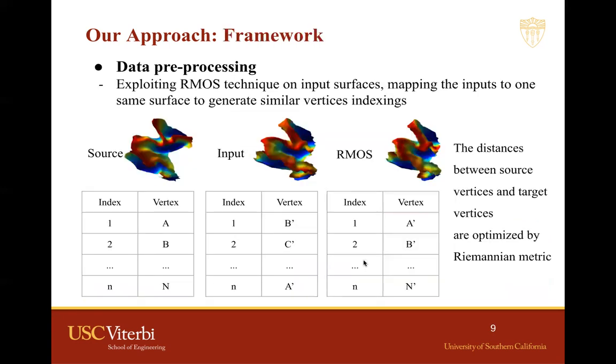Before feeding the data to the geometrical learning module, we first exploited the RMOS technique on input surfaces to generate similar vertex indexings. Specifically, as shown in the figures and tables, we randomly choose a surface patch and map all other surfaces onto it to generate a similar order of vertices. And the distances between source vertices and target vertices are optimized by the Riemannian metric.